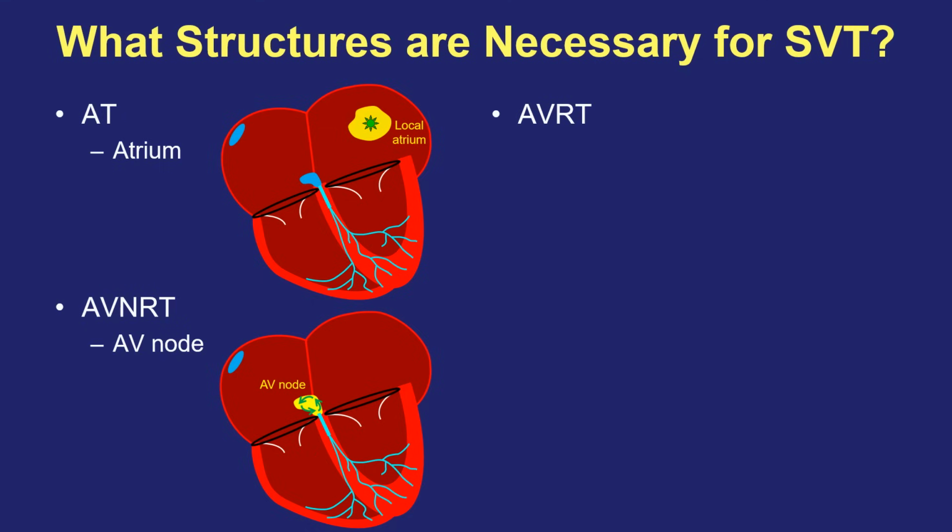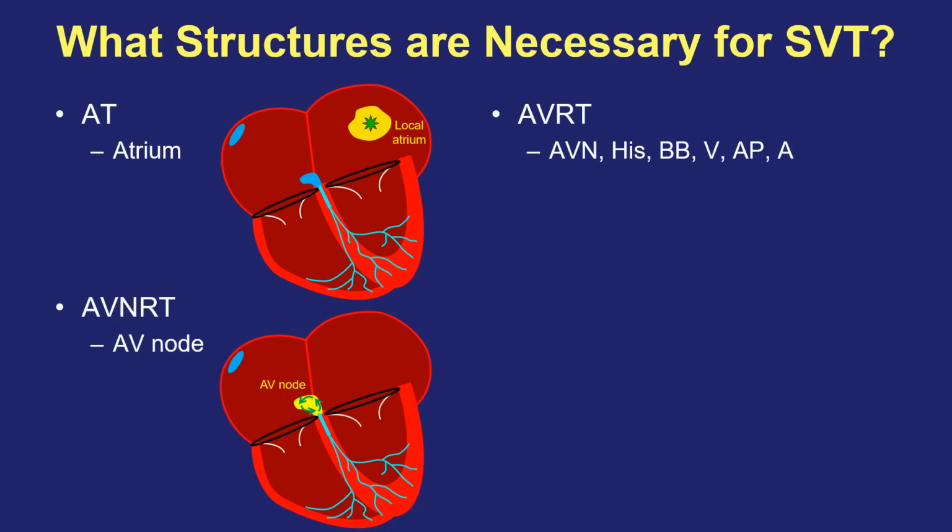Again, you could put it in a dish and it wouldn't know any differently. In the versions of AVNRT that require atrial tissue, then you would need to have the atria involved. But almost no AVNRT that I know of involves the structures below it, so you couldn't have them present during the tachycardia, and the tachycardia could perpetuate.